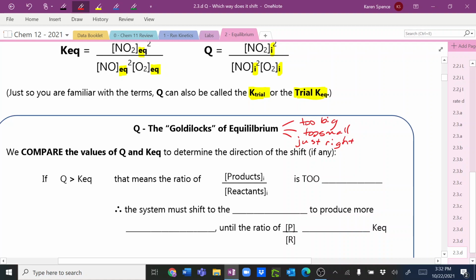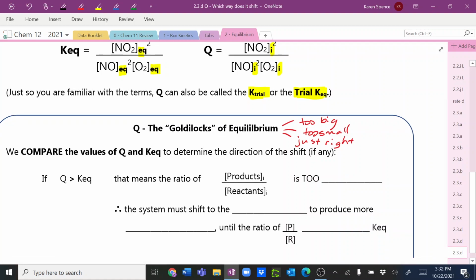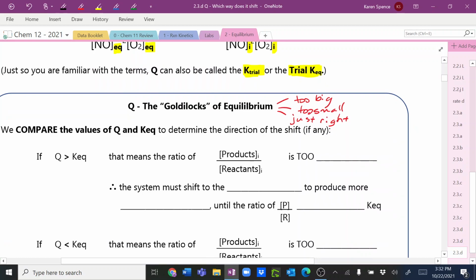So for example, and I don't like the text I've gotten here, but we're going to try and work with it anyway, since it is here. If Q is bigger than KEQ, that means that the ratio of products to reactants, which is what Q and KEQ both are, is too big.